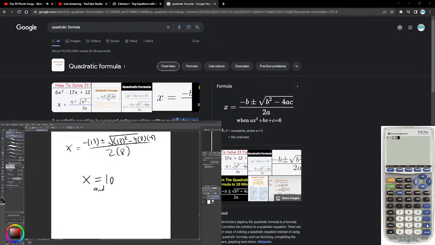Negative 13 minus, not plus, minus the square root of 13 squared minus 4 times 8 times negative 5, parentheses, divided by 16.